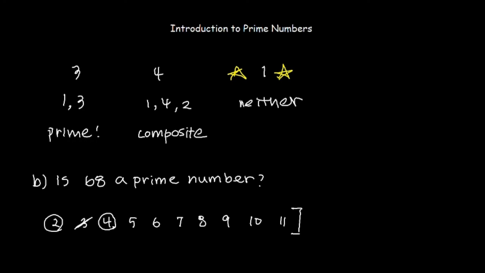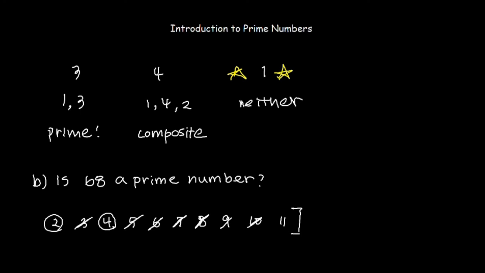Let's look at 5. That number doesn't end in 5 or 0, so we can eliminate 5 and 10 at the same time. Let's look at 6. Definitely not 6. 7. We don't see any factors that can go into that. So we can eliminate 7. 8. Nope, because 8 times 8 equals 64, and the next multiple would be 72. So you can eliminate this.